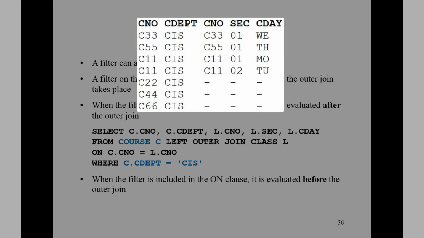There are no scheduled offerings of C22, C44, and C66. So the rows in the query result will show C22, C44, and C66 as null extended rows, while the other rows in the result of the outer join will show the class information together with the course information.